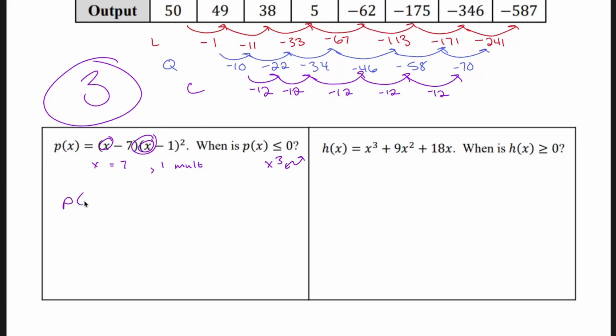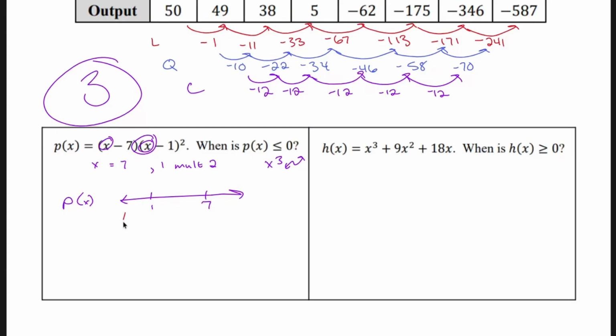So making a sign graph of p of x, we could put numbers at 1 and 7. And I know it's going to ricochet. It's going to start down here, bounce off the 1 because the multiplicity is 2, come back down, and head back up and hit the 7.